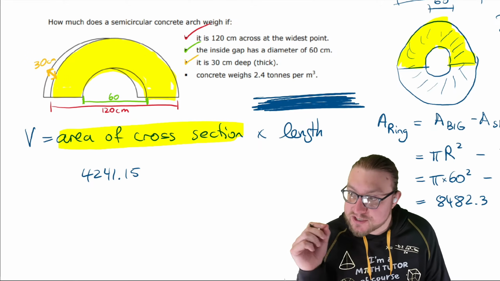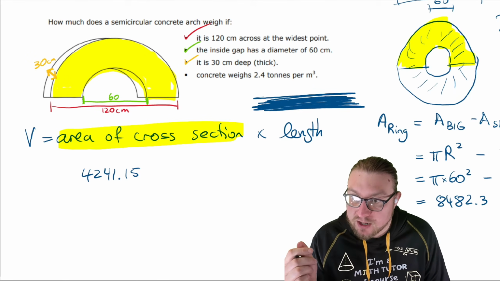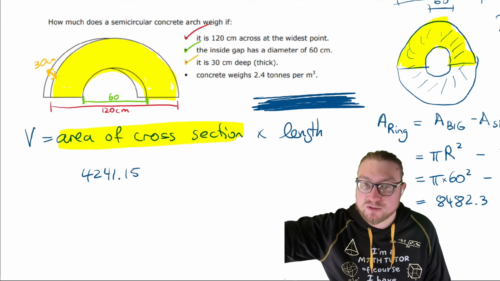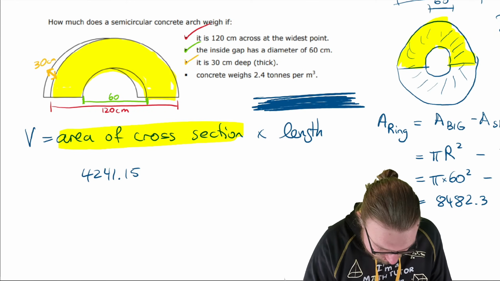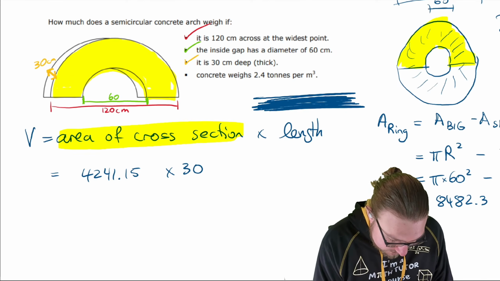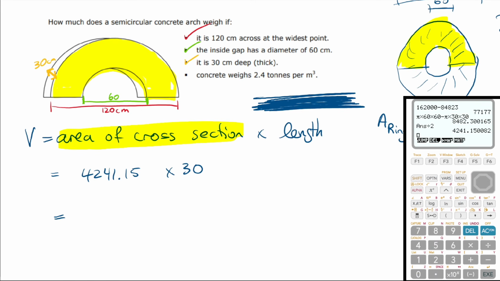And then we just need to find the length of our shape, the length of the prism. Well, if we cut it, that is the cross section. How far it goes or how long it is, that is our length. So in this case, that should be 30. Okay, now we have those two numbers. We can multiply them together. And again, very easy. We've already got the 4,200 in the calculator. We're going to multiply that by 30 and get rid of the symbols.